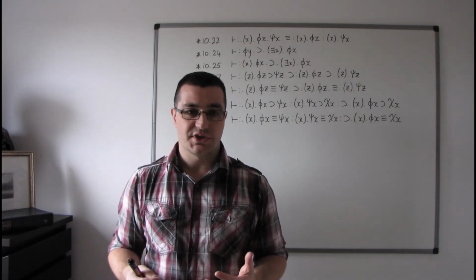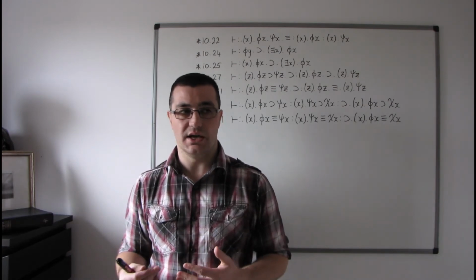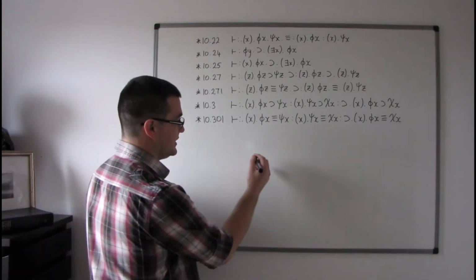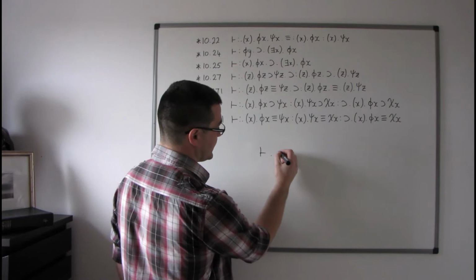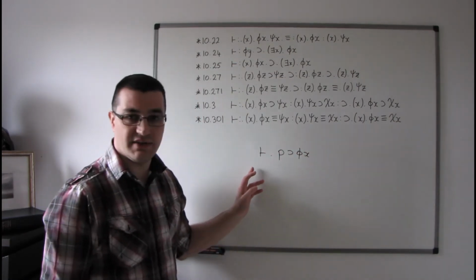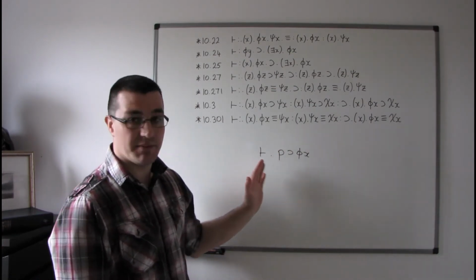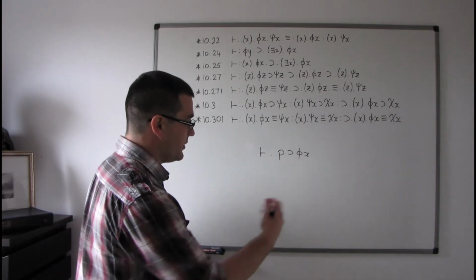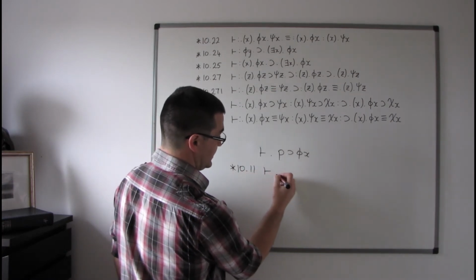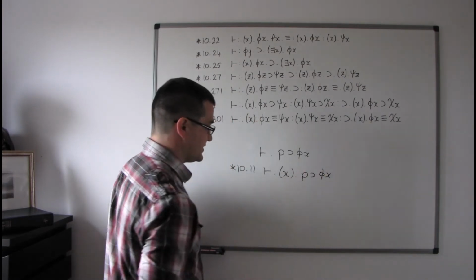Also, something else that I want to comment on is a particular sequence of propositions that's used in demonstrations in section 10 and moving forward. If we start with something like P implies phi of x. I'm not saying that this is the exact proposition that we will come across in demonstrations, but something of this form. Then what we can do is use 10.11 to assert that P implies phi x always.